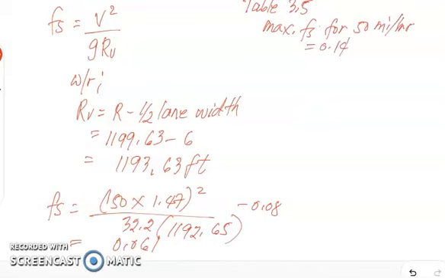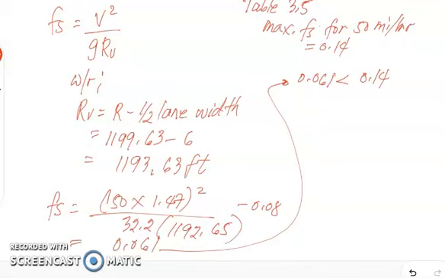So since our 0.061 is less than 0.14, it does not exceed the limit, so the radius and superelevation are sufficient for the 50 miles per hour design.